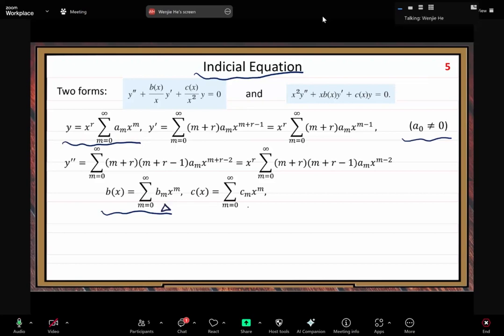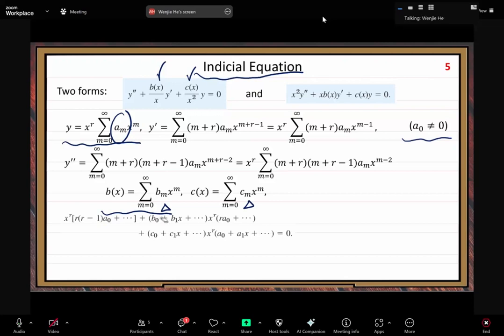The B coefficients and C coefficients should be known, otherwise there are too many unknowns and we cannot determine them. We use these known coefficients to determine the unknown A coefficients.